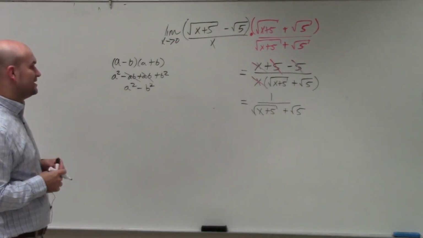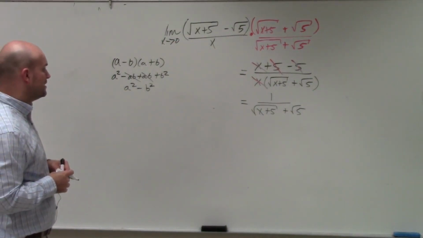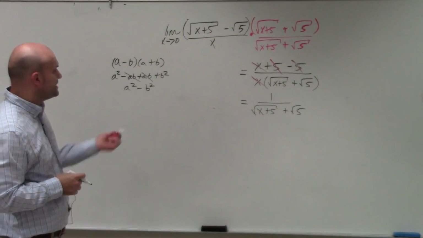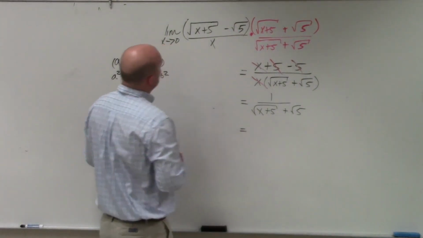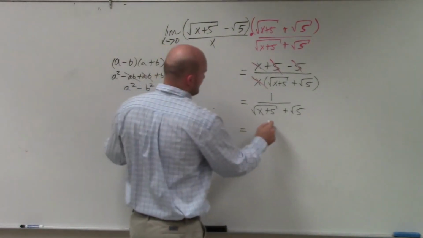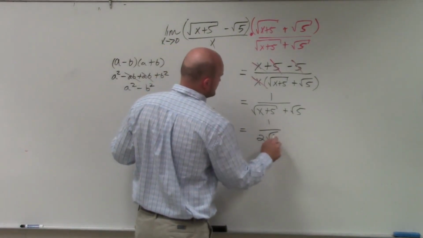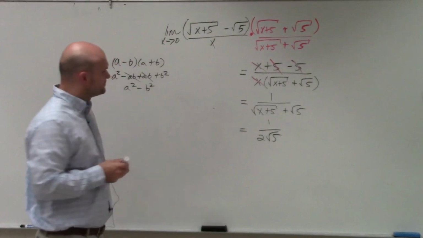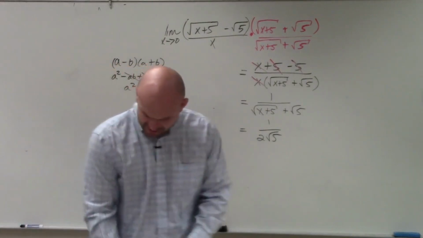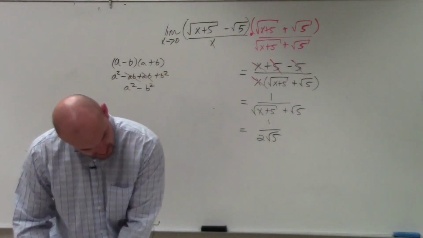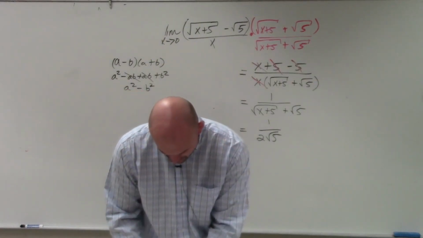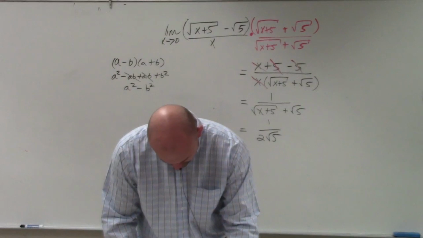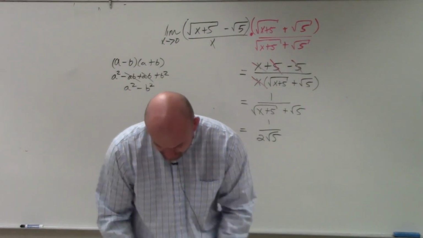And now we can go ahead and evaluate in for the 0, which now gives you 1 over 2 square root of 5. Let me double check my answer. I don't remember that being my answer. Yep. And there you go.